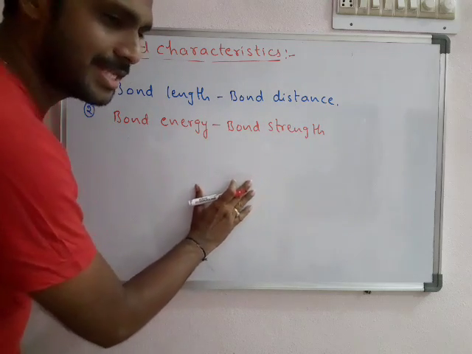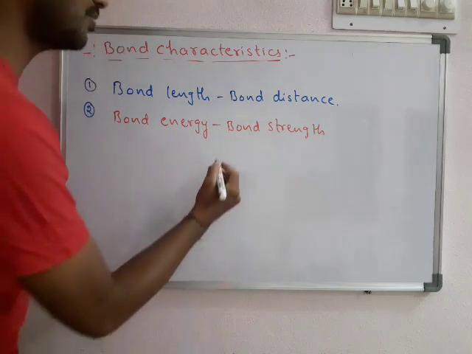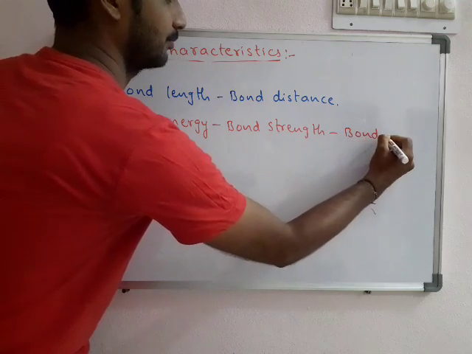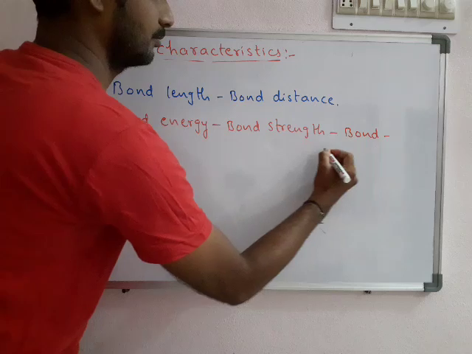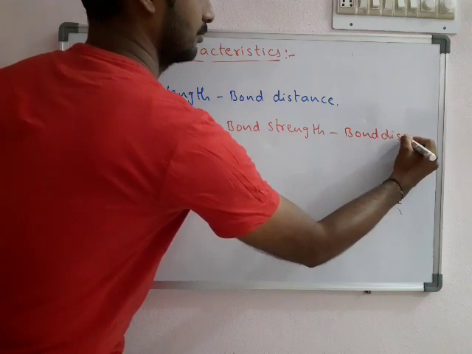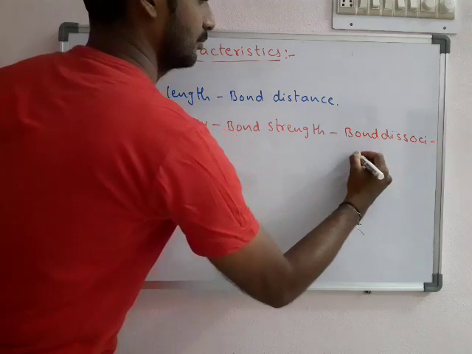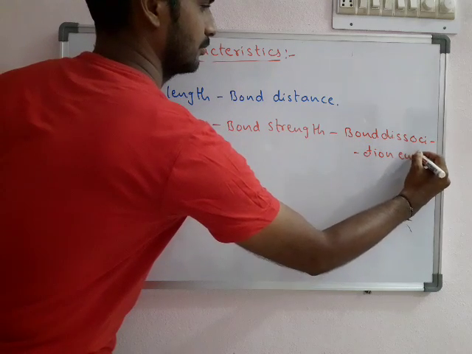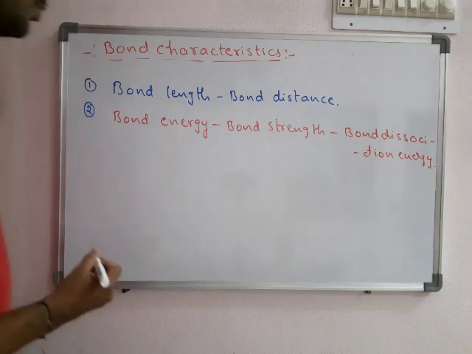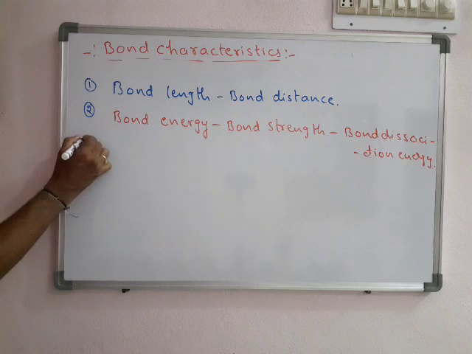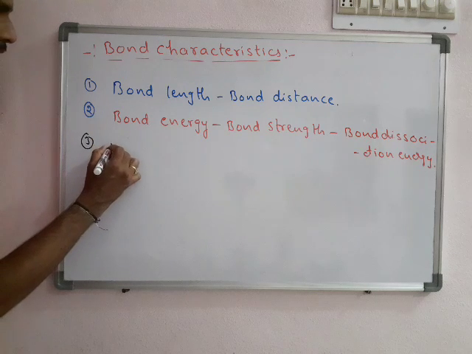It is also known as bond dissociation energy. There is one more important property regarding bonds, which is bond angle.